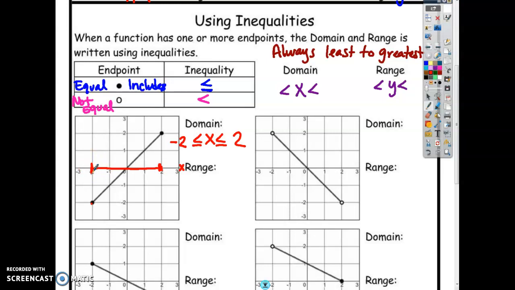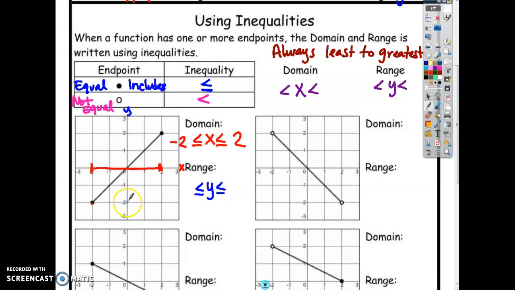Now use another color because now we're going to do the range. So I'm going to do blue for range. And again, they're both closed circles. So I'm going to use y with less than or equal to on both sides. That means it has to have a line underneath because they're both closed circles. Okay? And now we're going from the lowest on the y.